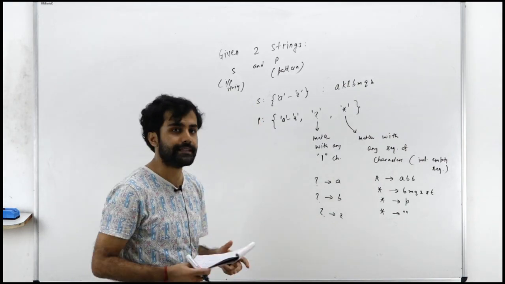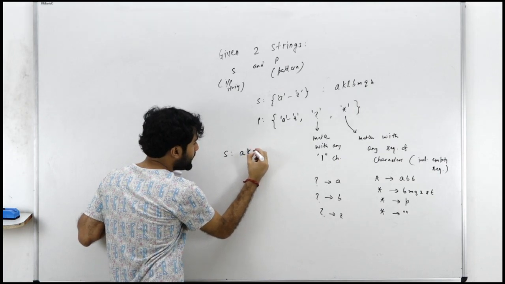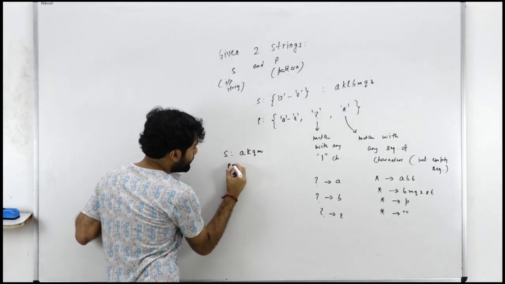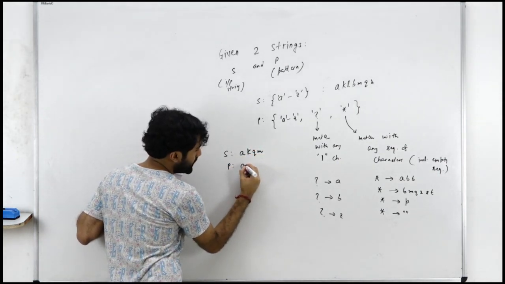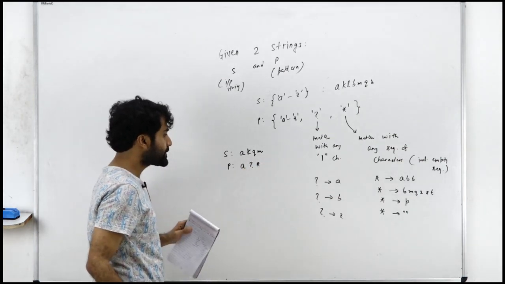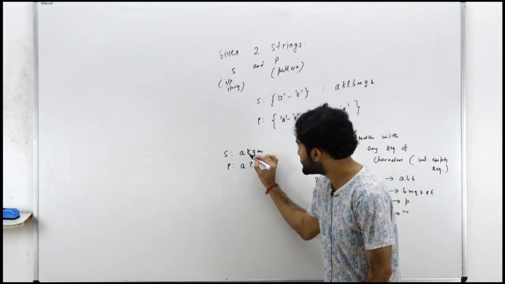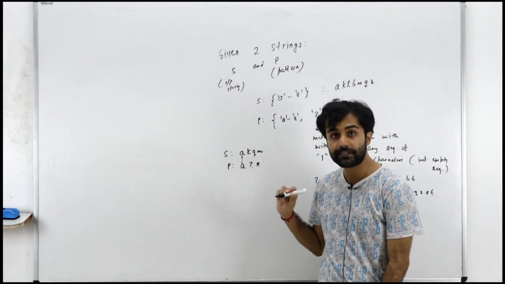Okay, let's take a very easy example. So let's say string S given to me is A, K, Q, M, and string P given to me is, let's say, A question mark star. So here if I take a look, then I can clearly say that, hey, this A and this A are matching against each other.